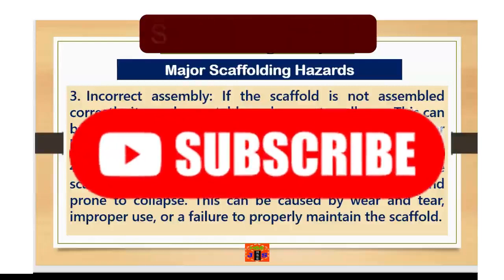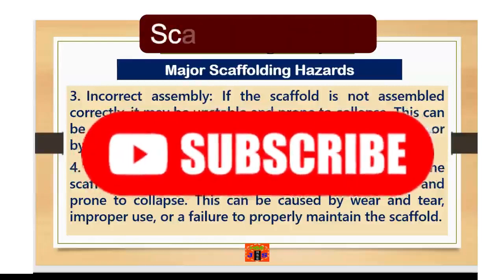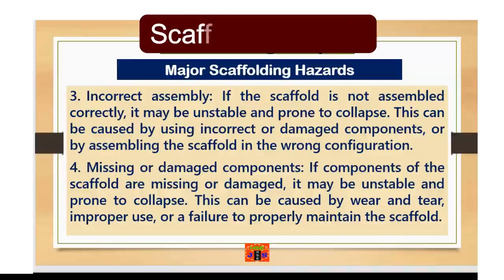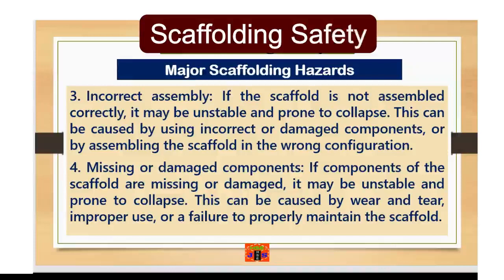If you take some laborers from the site and use them as scaffolders, there are chances of incorrect assembling, and this might lead to a potential workplace accident, scaffold collapse, scaffold failure.